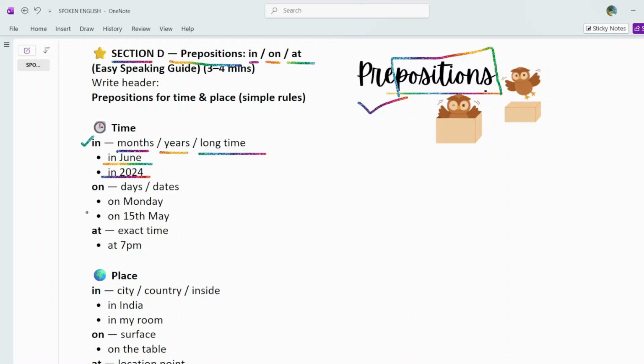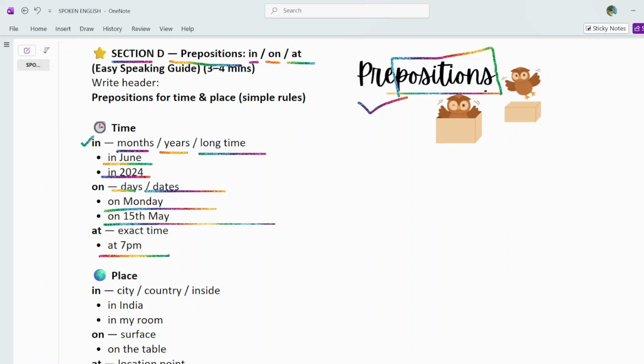On the other hand, we can use on when we are going to talk about days or dates, like on Monday, on 15th of May, and so on. When we talk about exact time, like sharp at that particular time, we use at 7 p.m., at 8:30 a.m. So things like that.